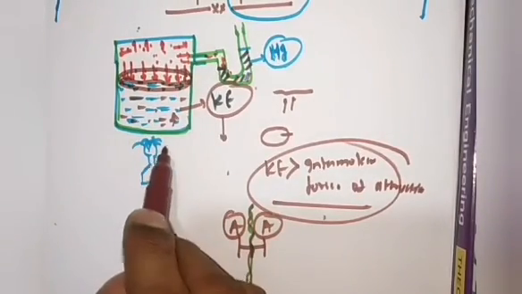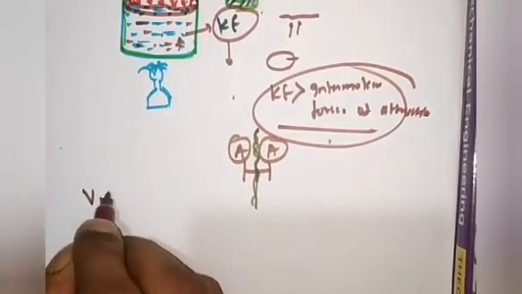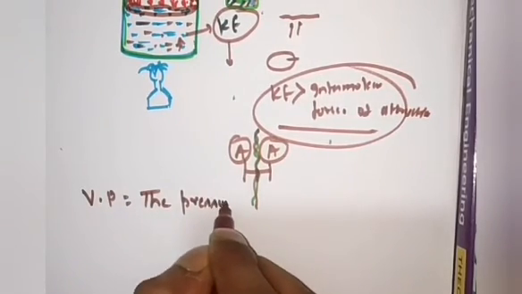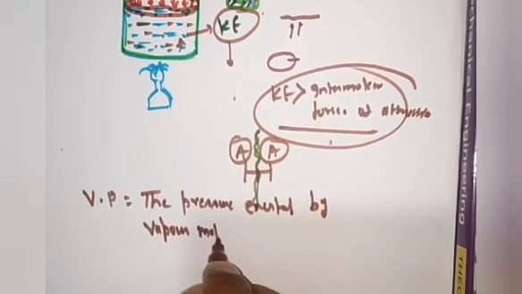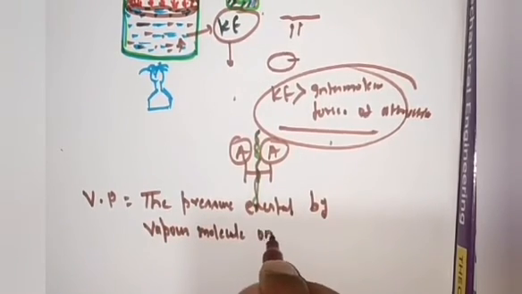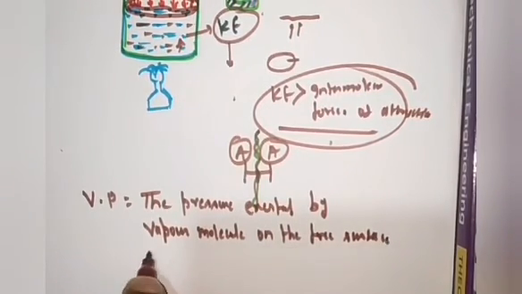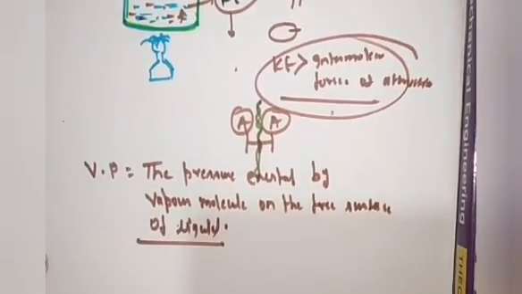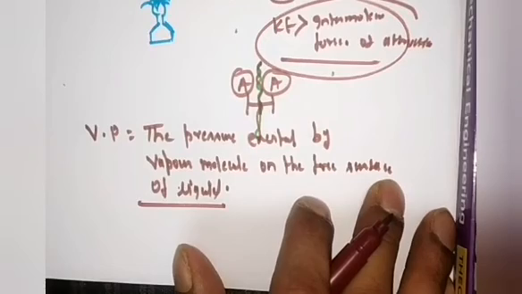So I am just writing the definition over here: vapor pressure is the pressure exerted by vapor molecules on the free surface of liquid.